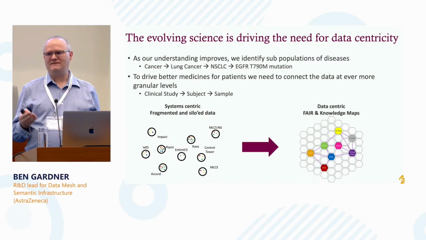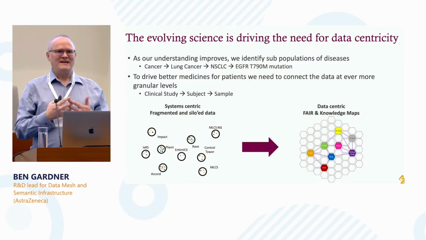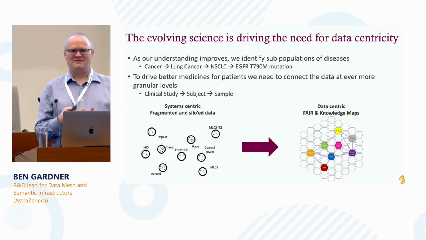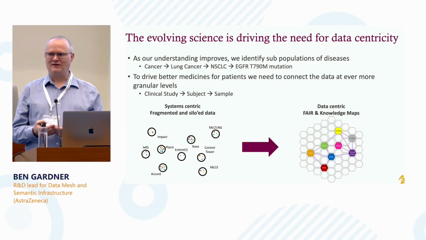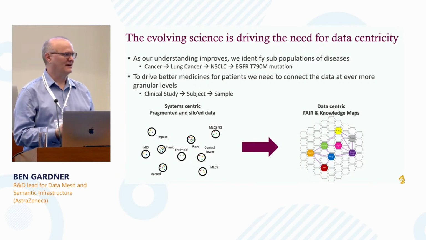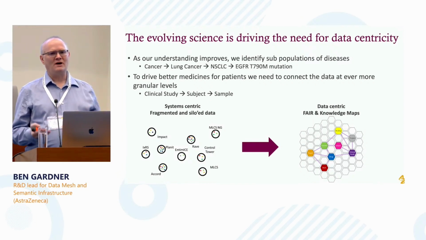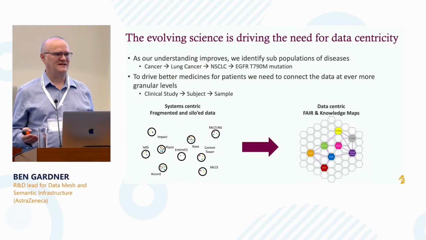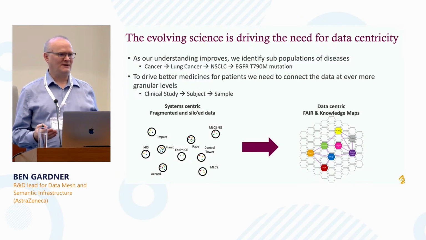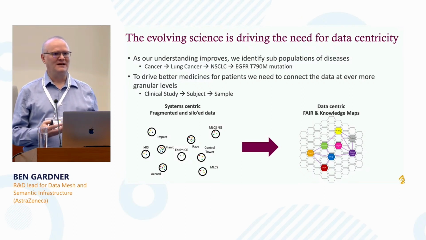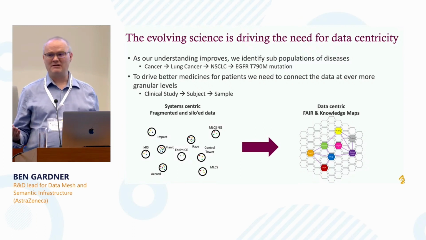And as we drive deeper and deeper into the understanding of the disease, the need to have subjects, patients that match that profile to be able to do data science on and to gain new insights requires us to combine data from across broader and broader pools of different data sets from different groups within the company, from different clinical studies that have been run within the company, and different functional groups, and with CROs and academic collaborators.